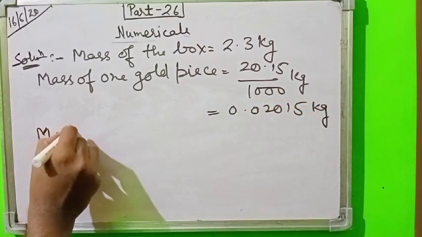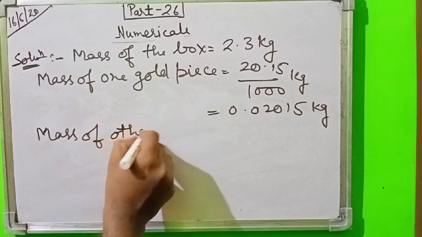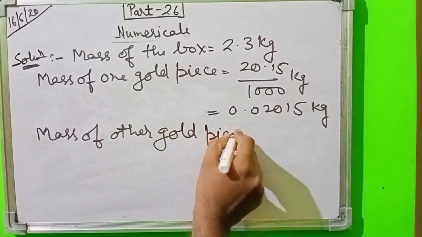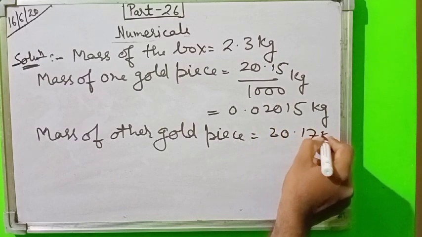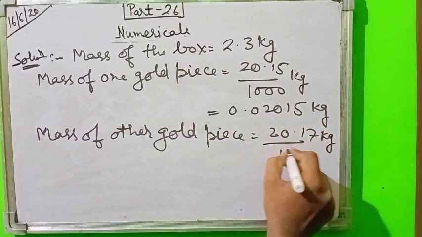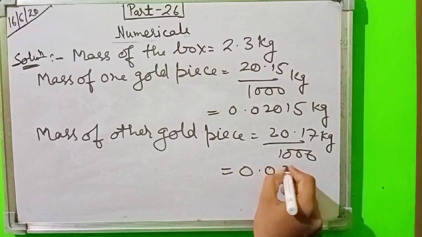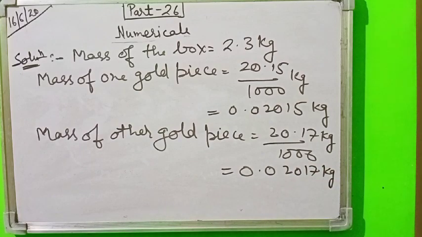Mass of other gold piece is equal to 20.17 upon 1000, and it is equal to 0.02017 kg. These are the two masses.